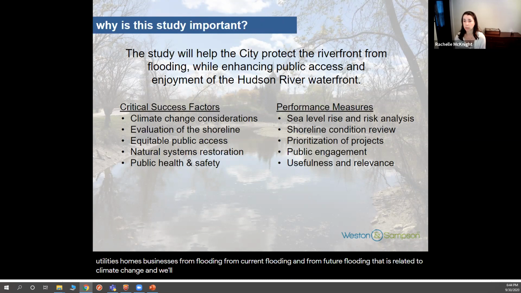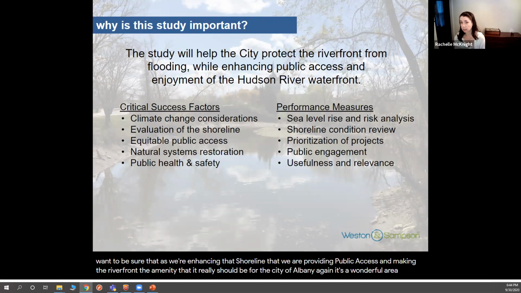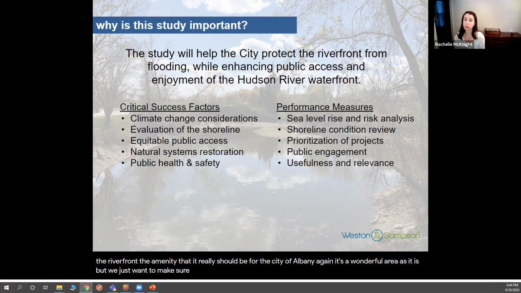We'll discuss that a little bit further as we move through the presentation. But we also want to be sure that as we're enhancing that shoreline, that we are providing public access and making the riverfront the amenity that it really should be for the city of Albany. Again, it's a wonderful area as it is, but we just want to make sure that as we're looking long-term out in the next 10 to 30 years, that we're really improving access to the riverfront.